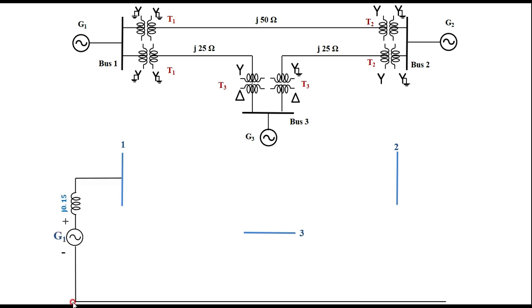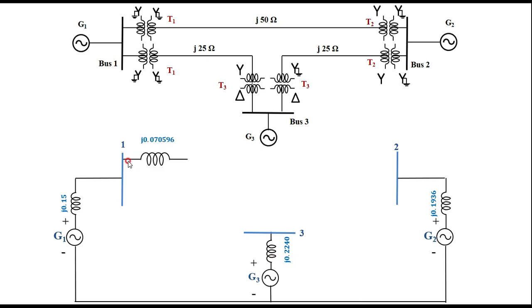Therefore I have drawn from the ground to G1 and its reactance to bus number 1. Similarly, because all the extreme ends of the power system components start from the ground, it starts here and there is a reactance connected to bus number 2. For bus number 3, generator G3 is connected here.